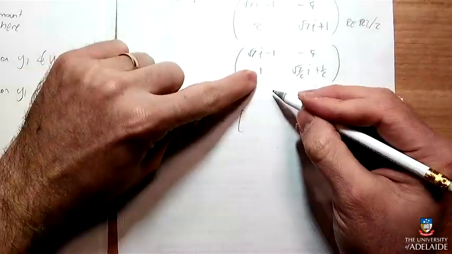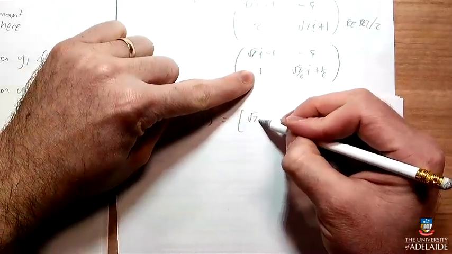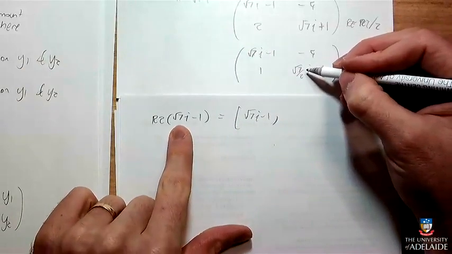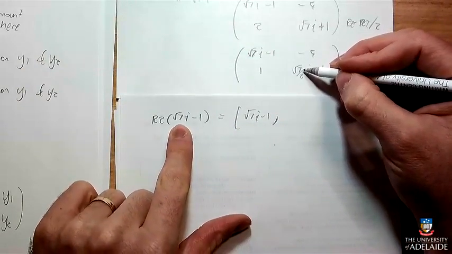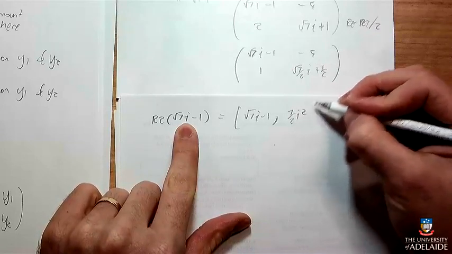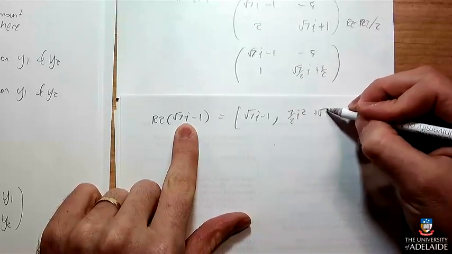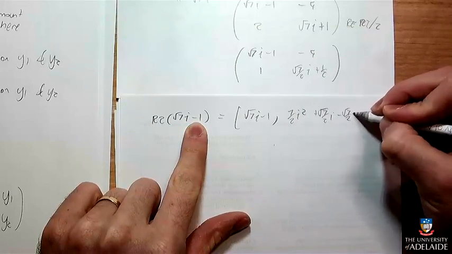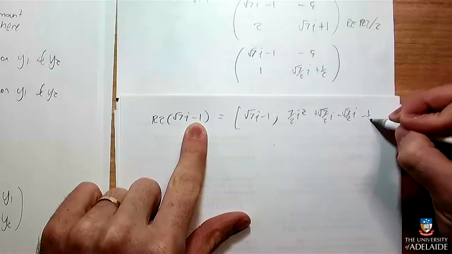So 1 times root 7i minus 1. And let's multiply these together. Root 7i, just a second. That's root 7 on 2 i minus root 7 on 2 i. It's looking good. Minus a half.